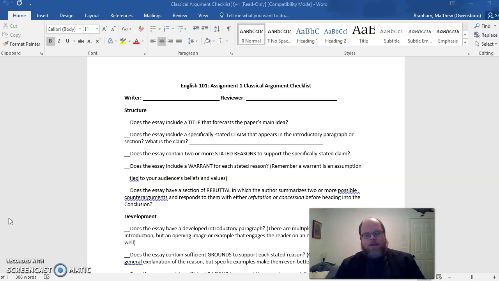But before we're done, we basically defend our claim against those opposing arguments, showing how our solution, our idea, is better than those opposing ideas. So the first thing is structure, and that's your basic layout, your outline, which you should have put in place whenever you did your classical argument frame.